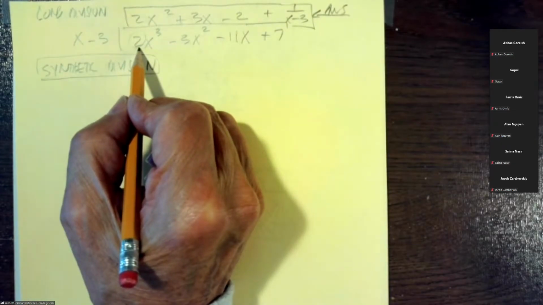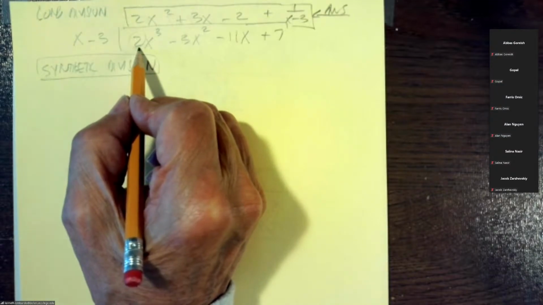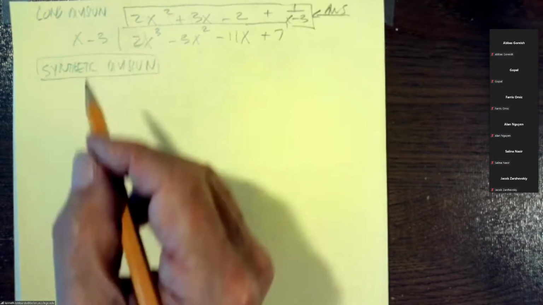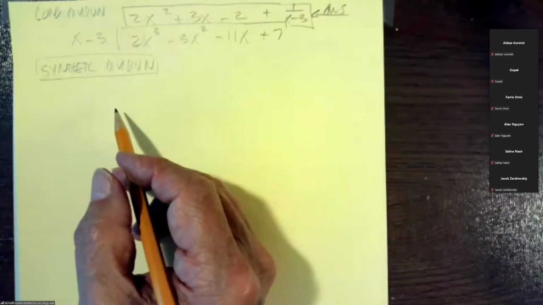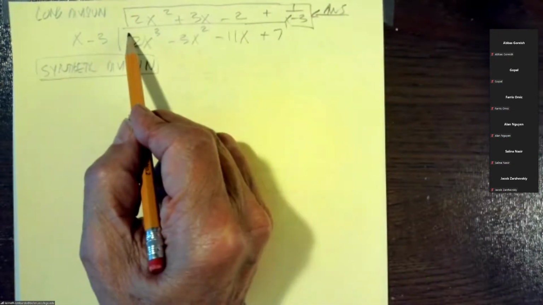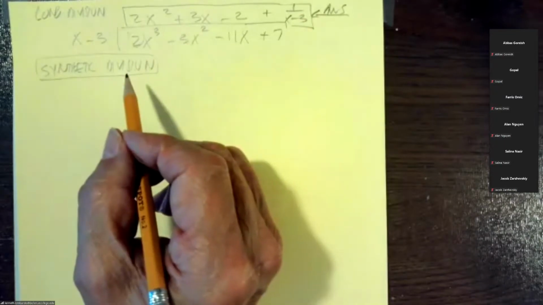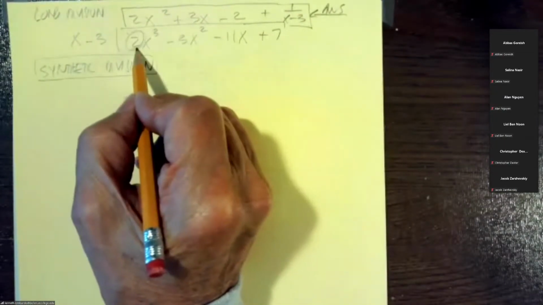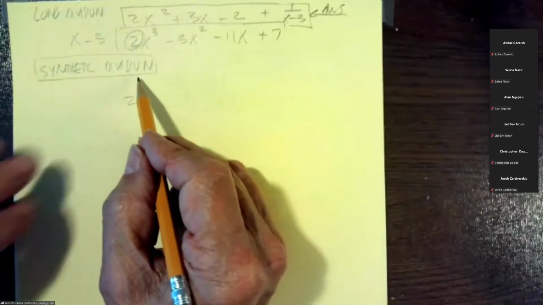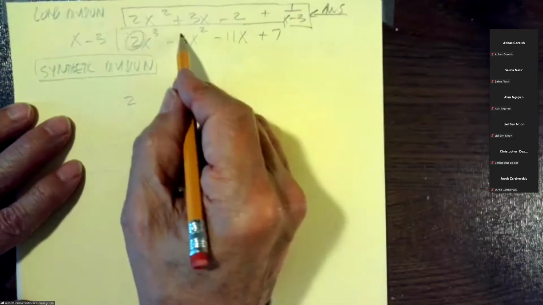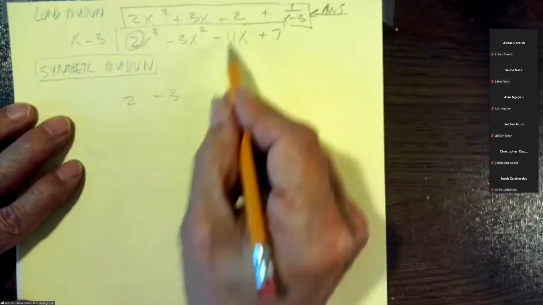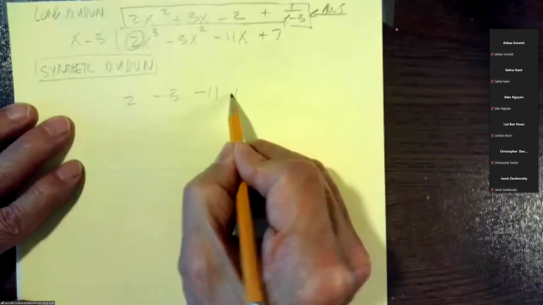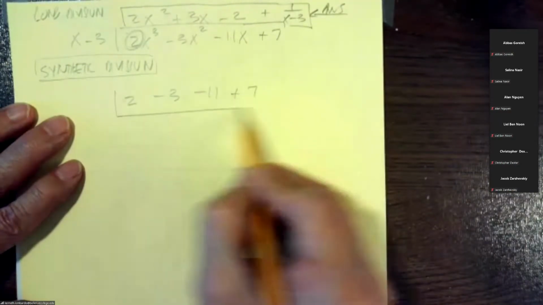So we're going to take that coefficient and we're going to show it, right? Let's say we have a 2 here. We're just going to use this coefficient. So 2 and bring down the 3, bring down the 11, bring down the 7, and we're going to divide that.